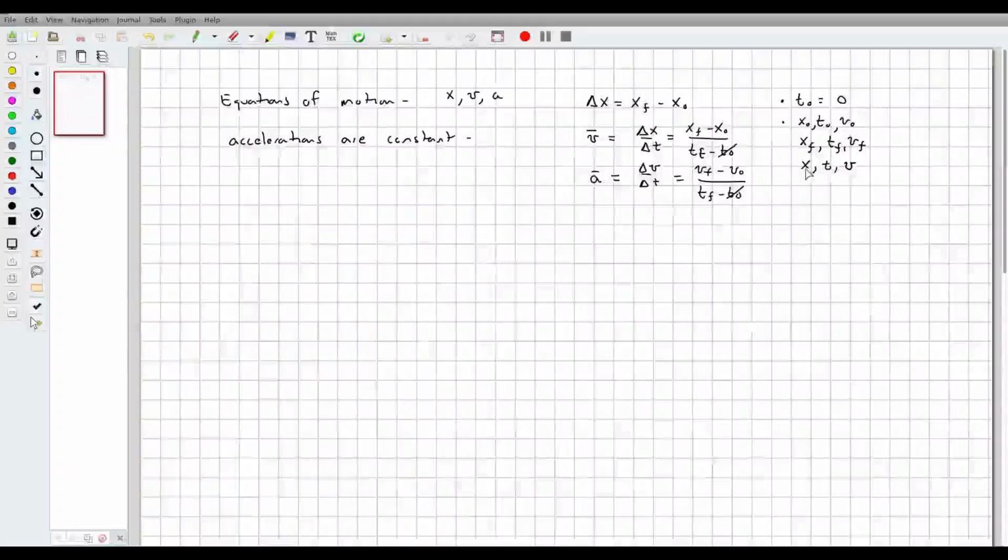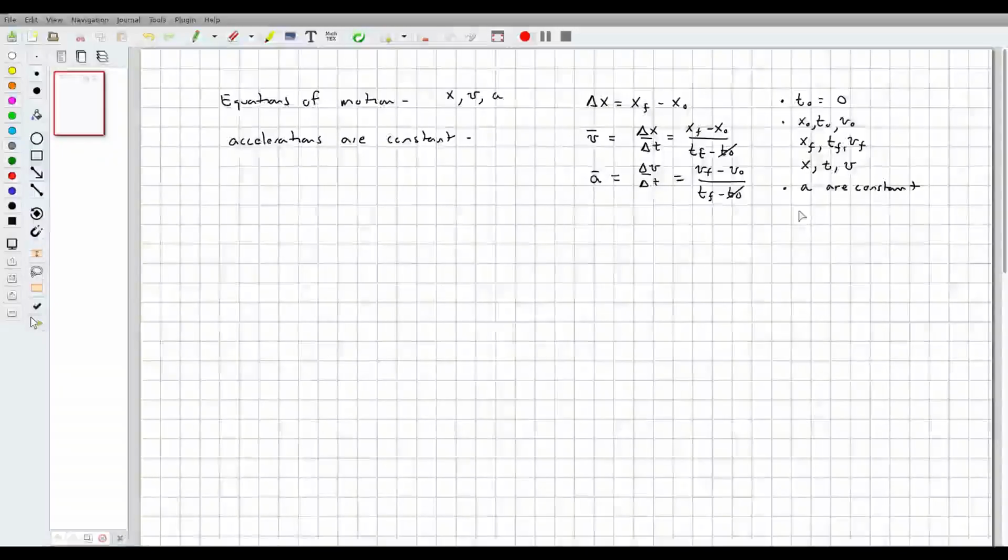So in the future, when you see x, it should be understood that we're talking about the position at a given time. When you see v by itself in the future, it should be understood that we're talking about your velocity at a given time. Now, the final thing we're going to assume is that our accelerations for right now are constant, like I had mentioned earlier.